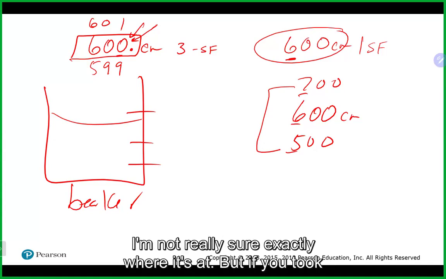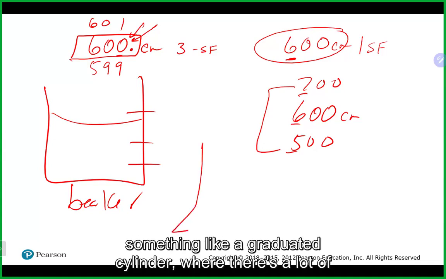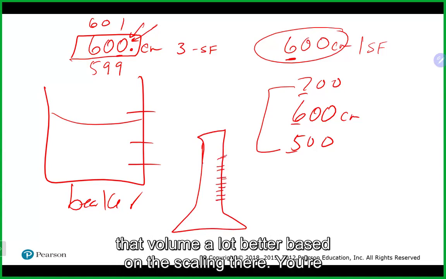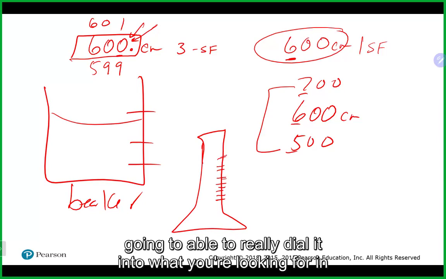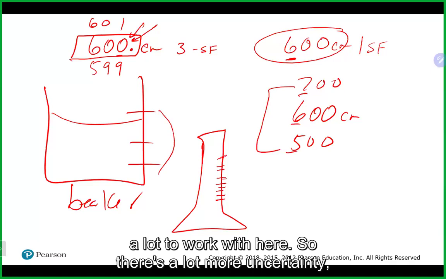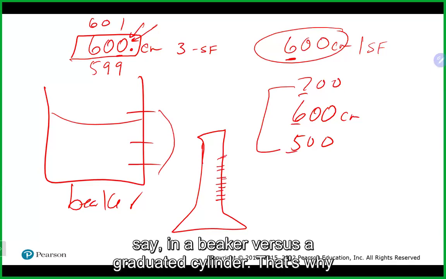I'm not really sure exactly where it's at. But with a graduated cylinder, where there are a lot of markings, you can measure out that volume a lot better based on the scaling, and really dial in the volume you're looking for. There's a lot more uncertainty in a beaker versus a graduated cylinder.